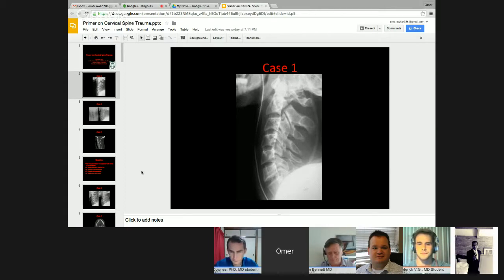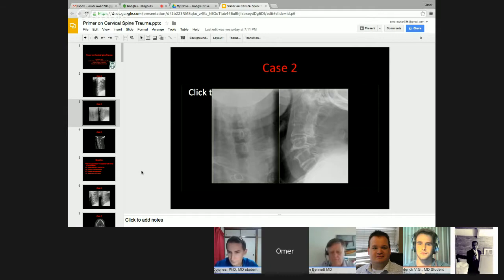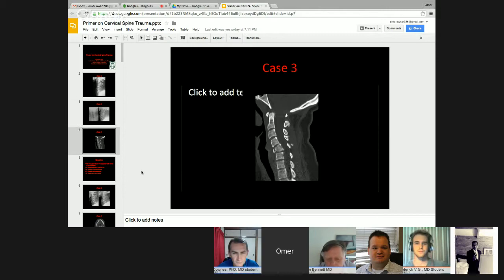So just mentally try to figure out what's going on and what you think the diagnosis is. That's case 1. This is case 2. This is a different patient that has an abnormality in the cervical spine at a different level as well. So mentally just try to figure out what you think the diagnosis, or the differential diagnosis, is for this injury.